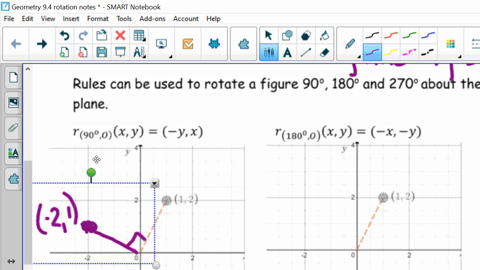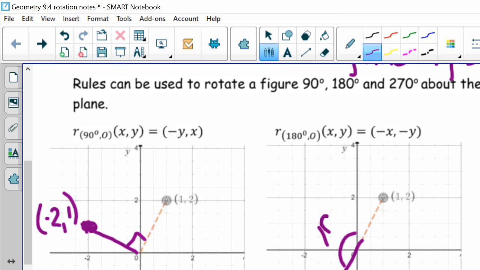The next one, if I'm rotating 180 degrees about the origin, the point x comma y becomes negative x comma negative y. Remember, 180 degrees is two quadrants. So this would become the point negative 1, negative 2, which would be down here. This is 180 degrees, and it's a straight line, so we can see that it's 180 degrees.